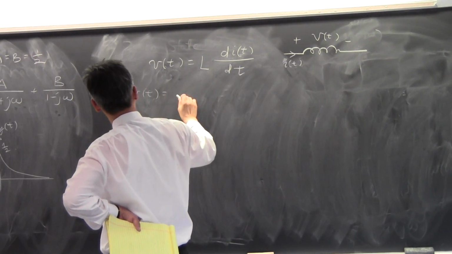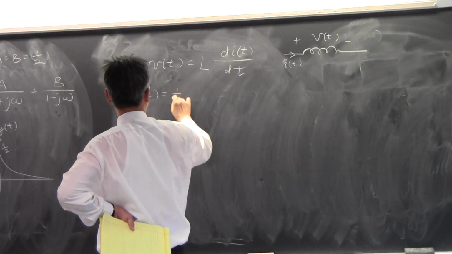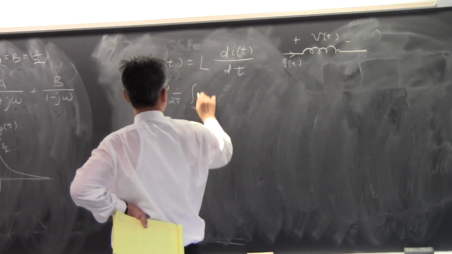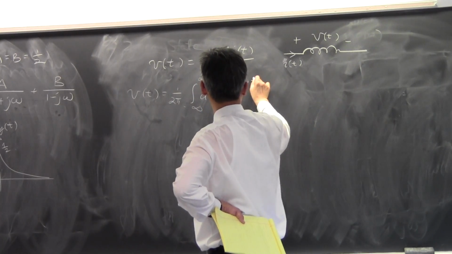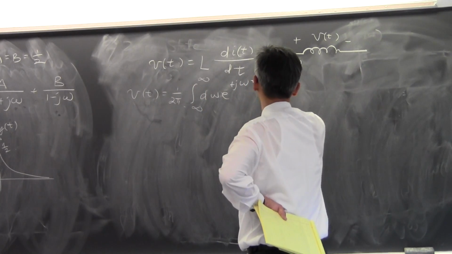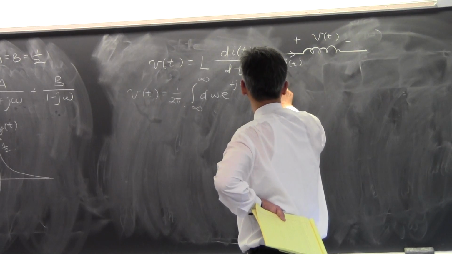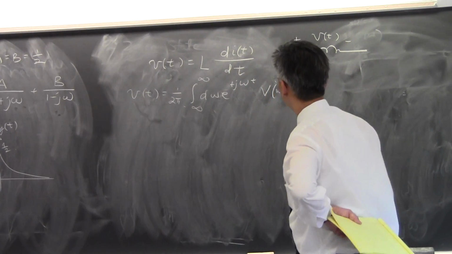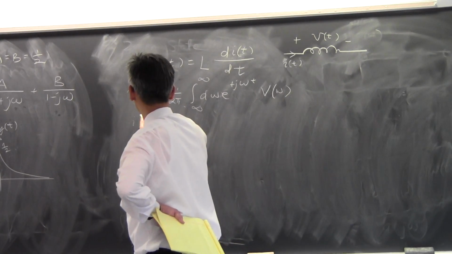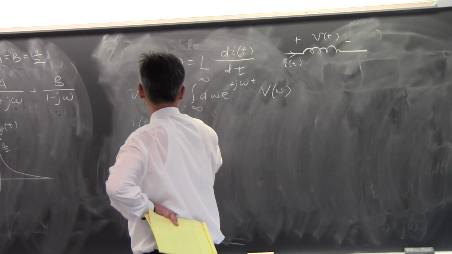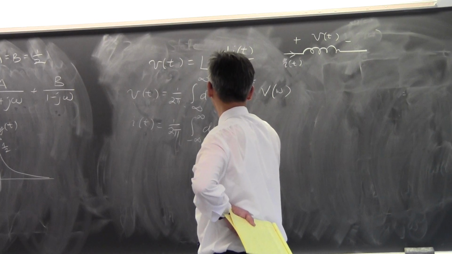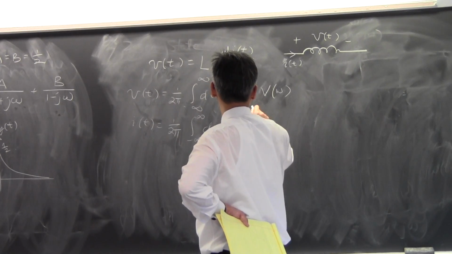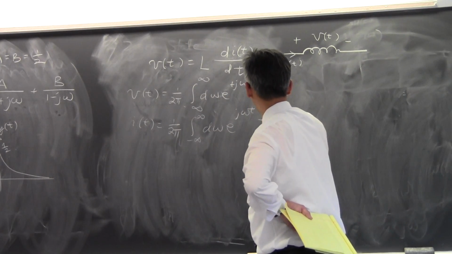Let me write V of t equal to 1 over 2 pi, the integral of d omega e to the j omega t times V of omega. And then I write I of t equal to 1 over 2 pi, the integral from minus infinity to infinity of d omega e to the j omega t times I of omega.